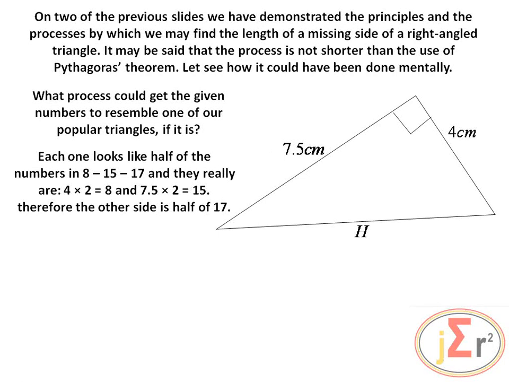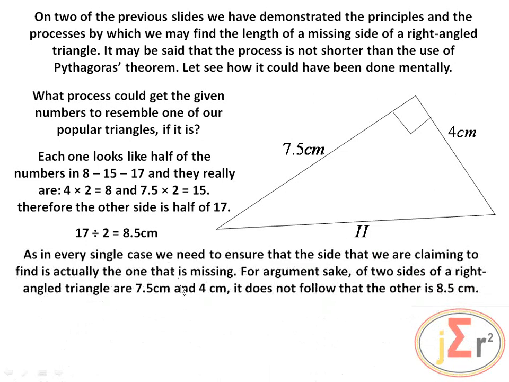Right, we could investigate for 8, 15, 17, and of course we are spot on. Therefore, the other side is half of 17. This is half of 8. This is half of 15. The other one is half of 17. Half of 17 is 8.5. Right, that's all there is to it.